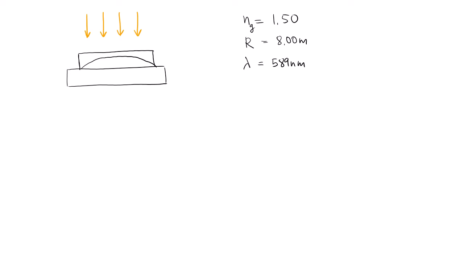So the interference pattern has a dark spot in the central part of the lens, right? And that dark spot at the center is surrounded, so suppose that this is the dark spot, and it is surrounded by 50 dark rings.